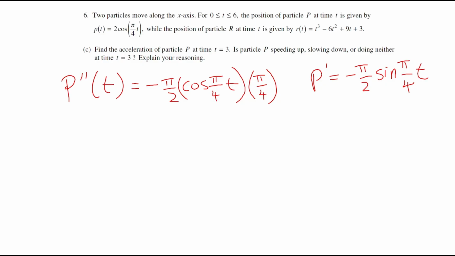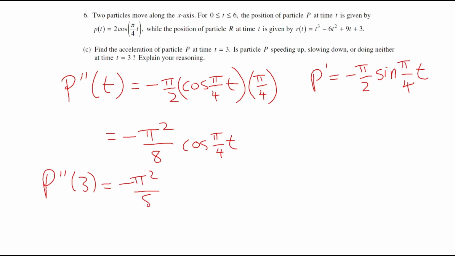And so we end up with negative pi squared over 8 times the cosine of pi over 4 t.